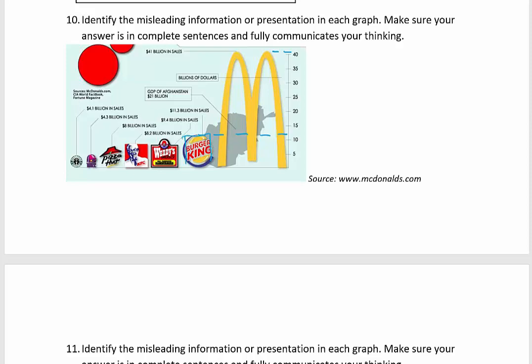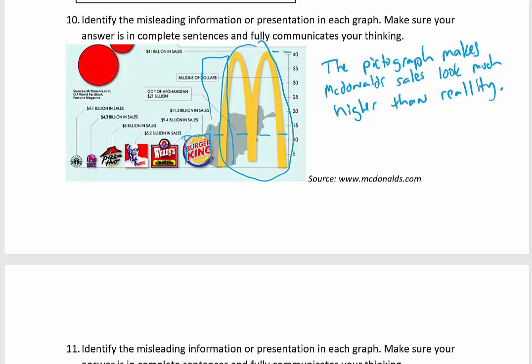If we made bar graphs like this, the bar graph would look like this in difference, which is quite a difference, but not as much of a difference as when we make this big picture for the McDonald's M, because not only do we gain height with this, we also gain a bunch of width with the graph, and that's misleading. So we'd say the pictograph makes McDonald's sales look much higher than actual reality here.